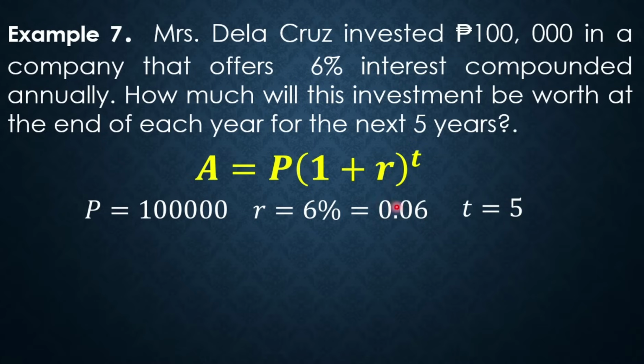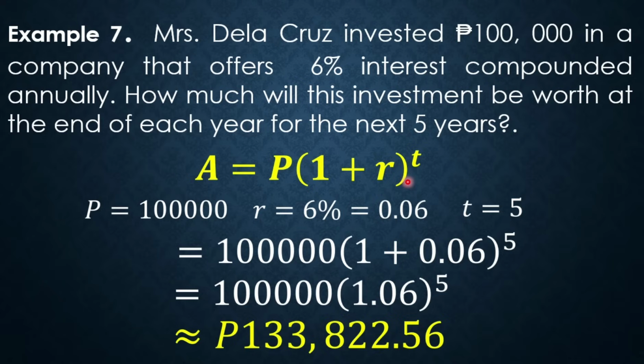So, what you can do is substitute all the given values in the A is equal to P times 1 plus R raised to T. So, you can use that exponential model. So, we get this is equivalent to 133,822 pesos and 56 centavos.